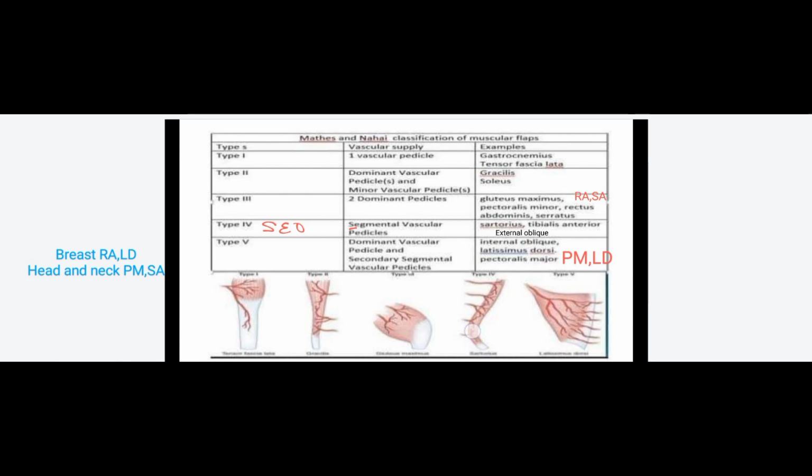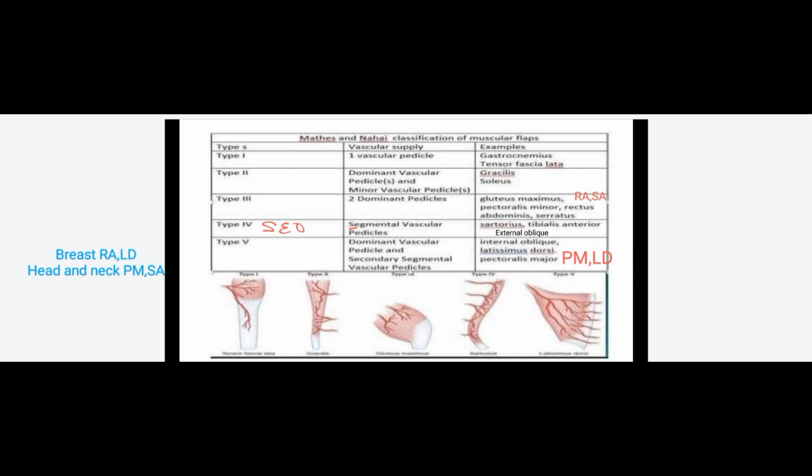Then we have type 4. Type 4 are segmental pedicles. Segmental pedicles is for sartorius, tibialis anterior, and external oblique. In the segmental, SE comes. S stands for sartorius and E stands for external oblique.